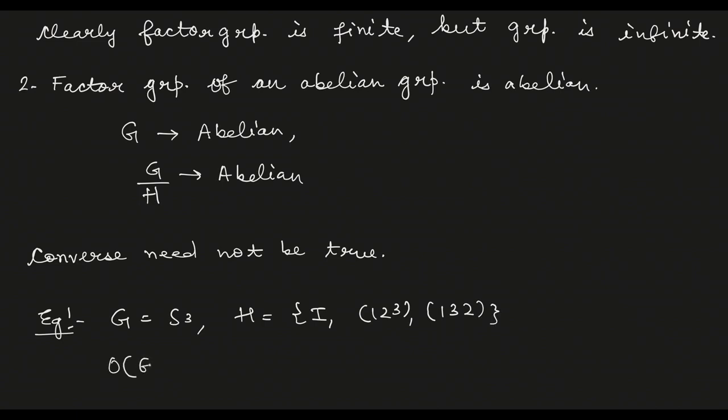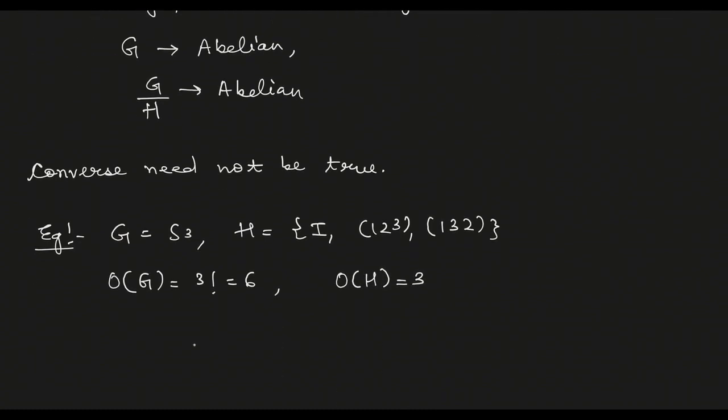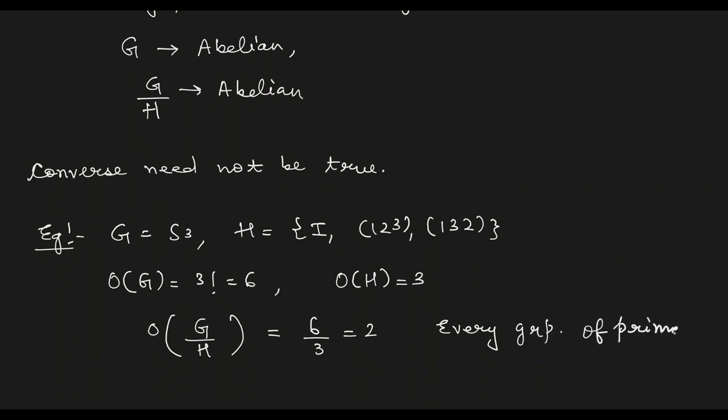Now the order of G is 3 factorial, 6, and the order of H is 3, so the order of G by H will be 6 by 3, which is 2. Every group of prime order is cyclic, and every cyclic group is abelian.